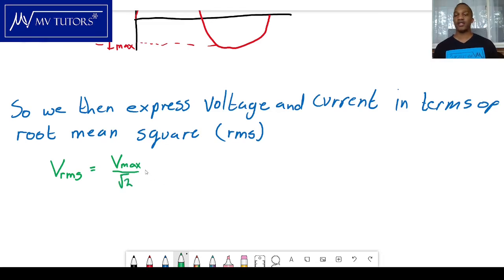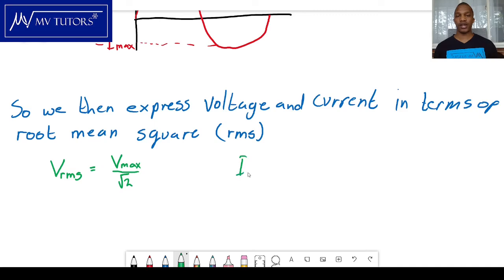Now I can derive this formula, but that's not the purpose of this lesson. I just want to demonstrate to you quickly the variables that we use, and show you why we have to use them, because the average voltage is 0, so we have to resort to what we call RMS.